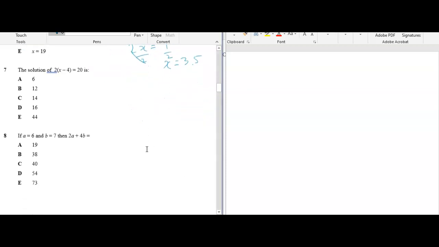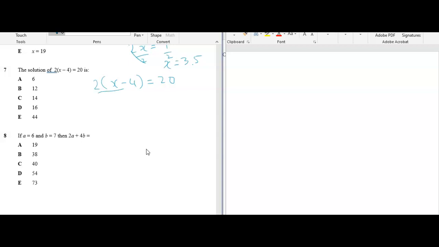Okay, question 7, the solution of 2 times x minus 4 equals 20. So this time, like before I said you have to do the constant first, unless there's brackets. So we get rid of this 2 first. Some students like to expand the bracket, but that's probably a step you don't need to do.